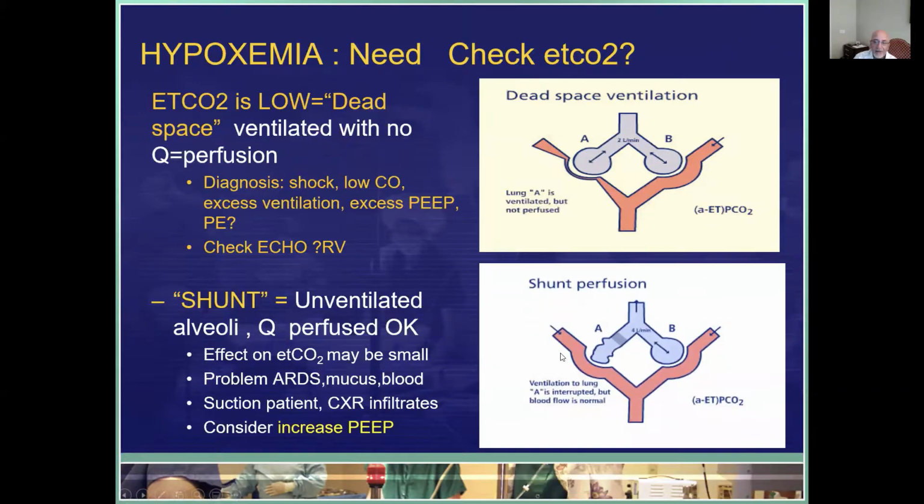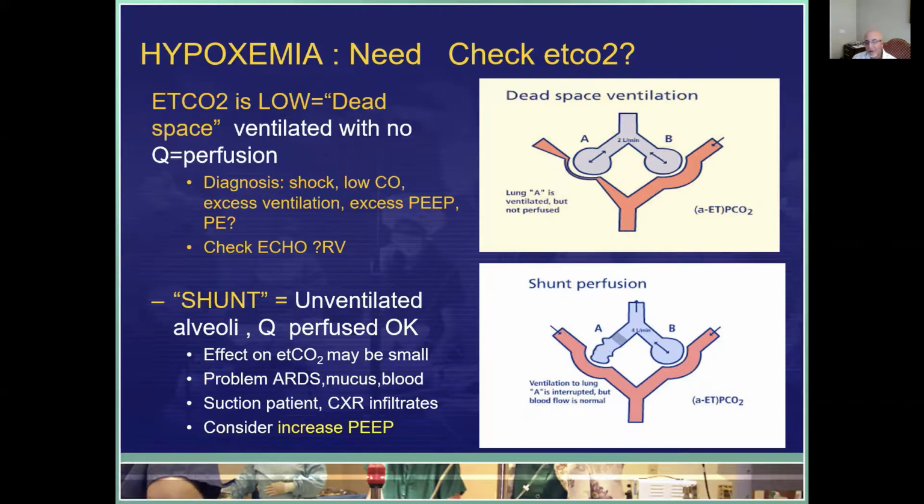On the other hand, we have shunt physiology, which people often get confused between dead space and shunt. Shunt means that the patient has adequate perfusion, however, the ventilation is impaired. What it means is that the alveoli are unable to allow gas exchange.